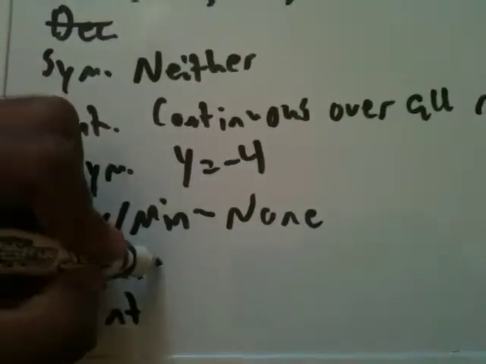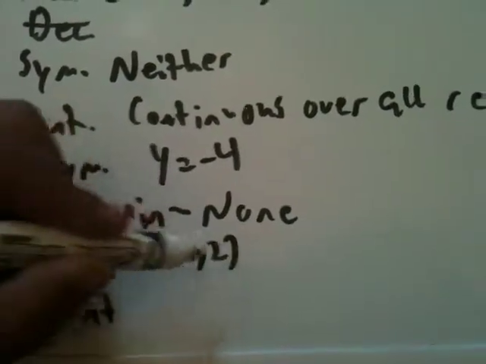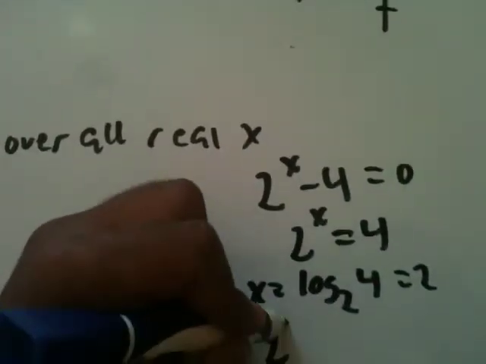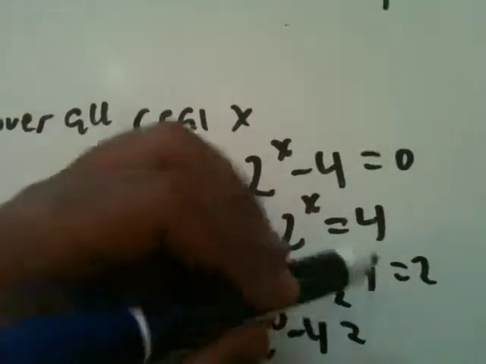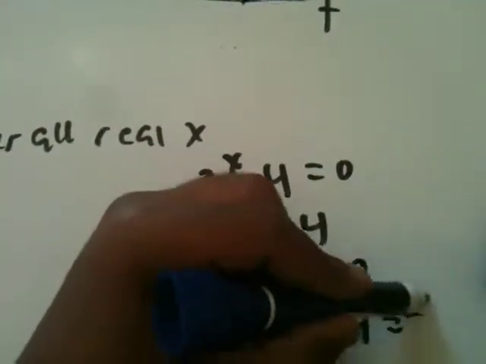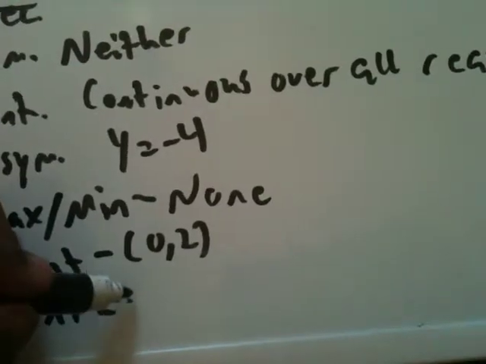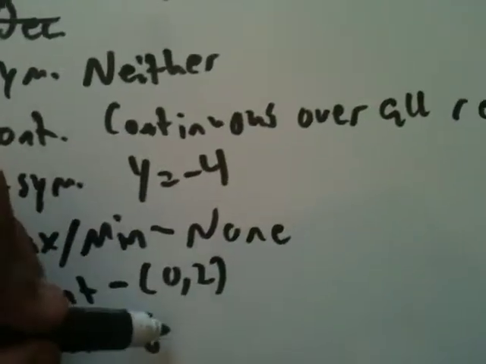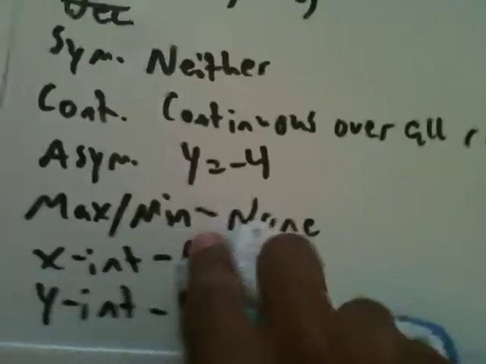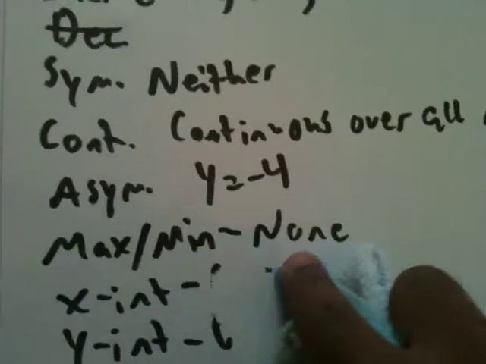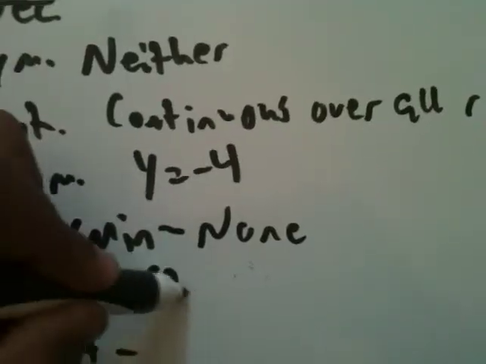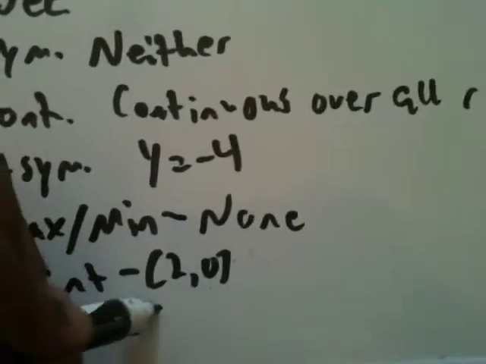So our x-intercept is 2, 0. For the y-intercept, we set x equal to 0: 2 to the 0 minus 4. Anything to the 0 is 1, minus 4 is equal to negative 3. Oh, I did this backwards. The x-intercept is 2, 0, and our y-intercept is 0, negative 3.